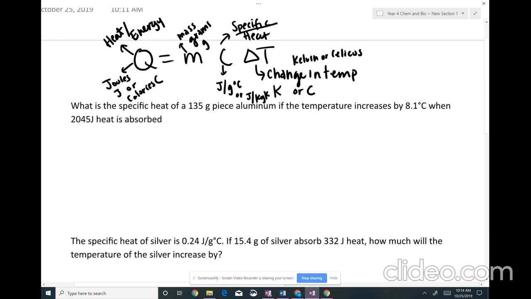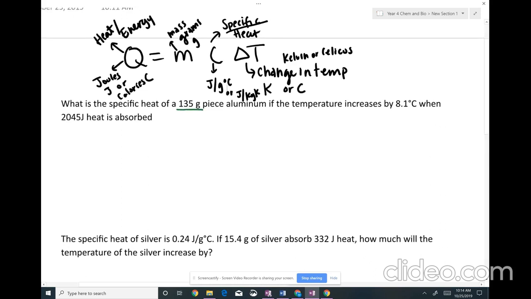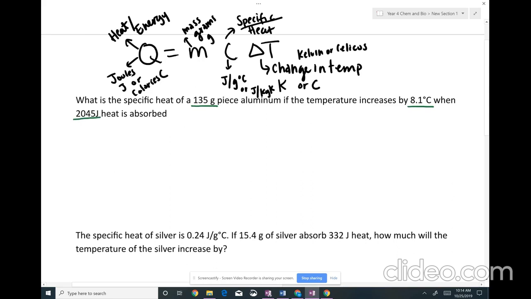Okay, so when you read this, don't get overwhelmed by the numbers or anything. We're going to break this down. So first thing is that we're going to figure out what they're asking us for and list the things that they give us. So if you go through the problem, you see that we have this number here, and we have this number here.